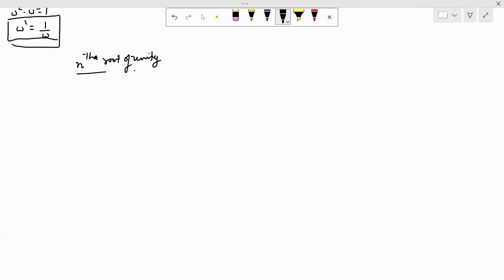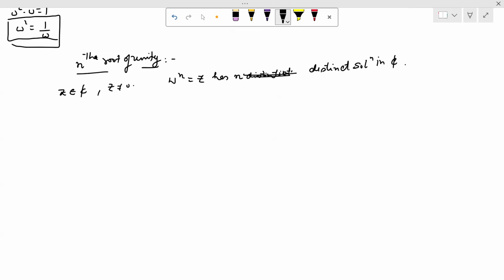Given a non-zero complex number z, the equation w^n = z will have n distinct solutions in the set of complex numbers.